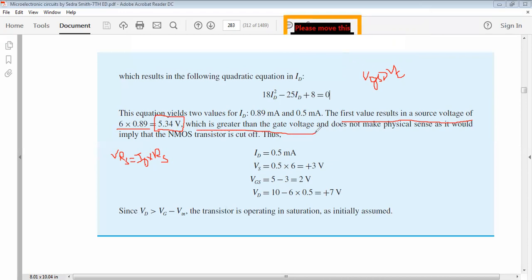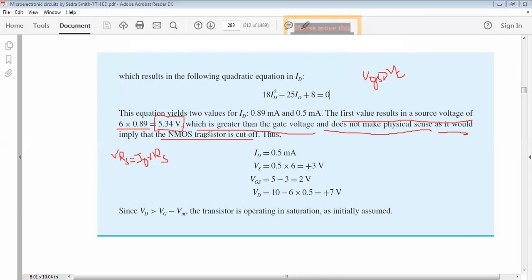This does not make physical sense, as it would imply that the transistor is in cutoff state. So with ID equal to 0.89, the source voltage is greater than the gate voltage.